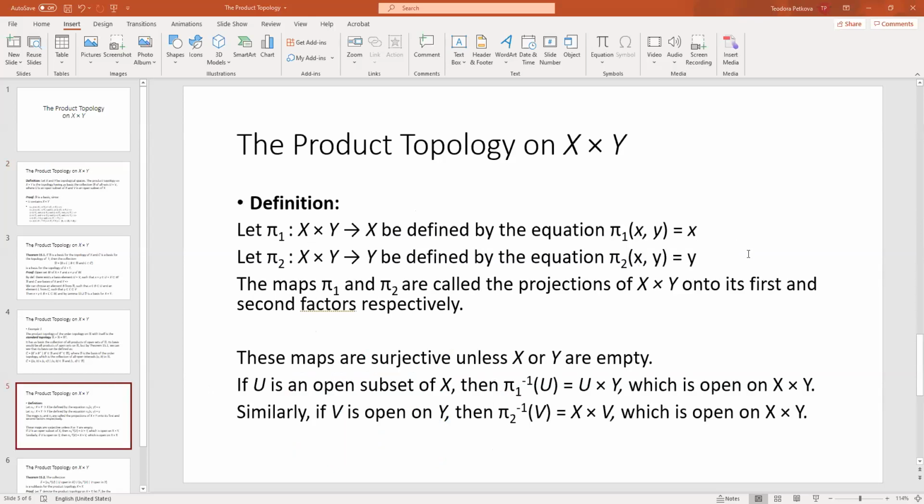If I define two functions, pi1, which maps X cross Y to X such that pi1 of (x, y) equals x, and pi2, which maps X cross Y to Y such that pi2 of (x, y) equals y, then those two maps are the projections of X cross Y onto its first and second factors.